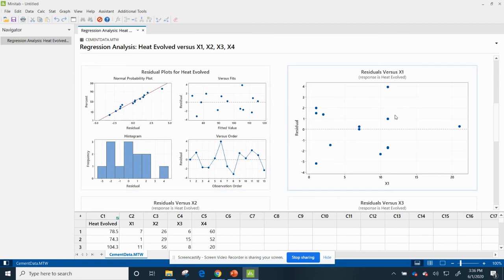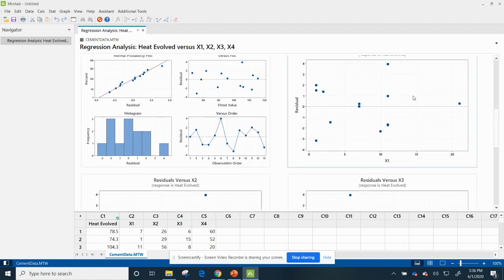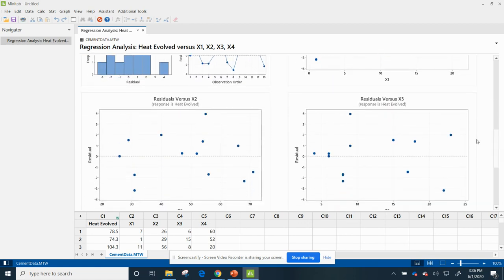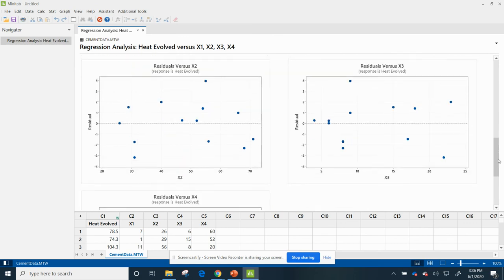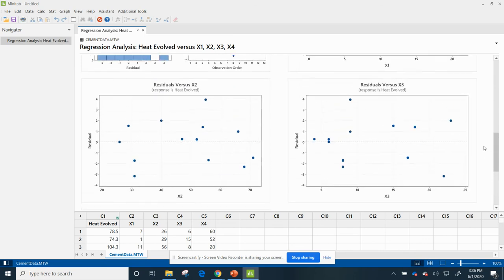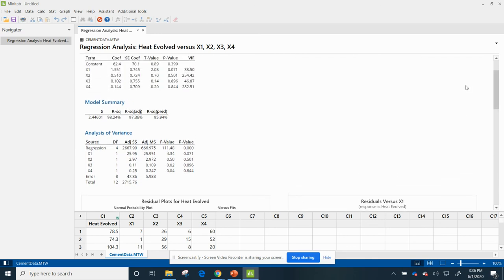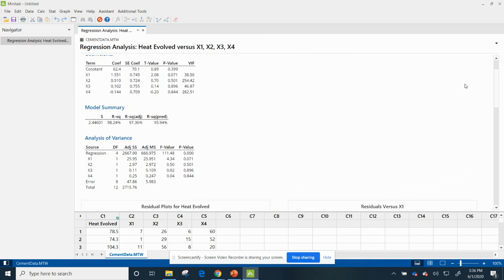And again, don't worry about that one. So look here, my residuals aren't really that spread out. Those are okay, and those are okay. All right, so if I go back up, that one's okay. So the residuals look decent. Normality is okay. I didn't have any residuals that were large or anything.